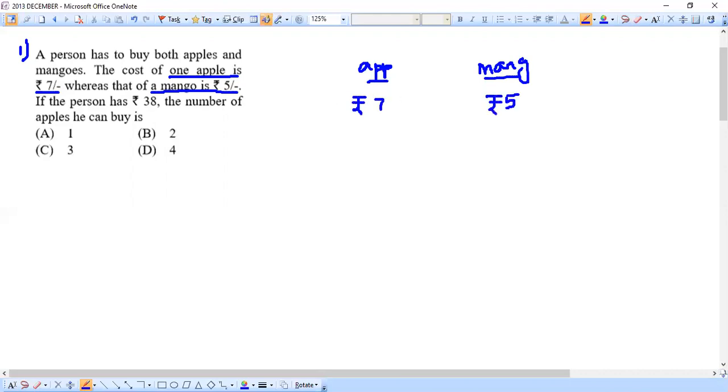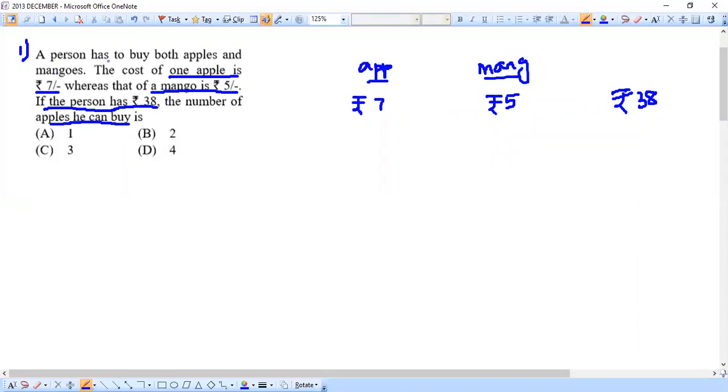Let's just note it. It is given that if the person has a total of 38 rupees, then the number of apples he can buy is. This is our question. So the person has a total of 38 rupees, and for this 38 rupees, he is going to buy apples and mangoes.